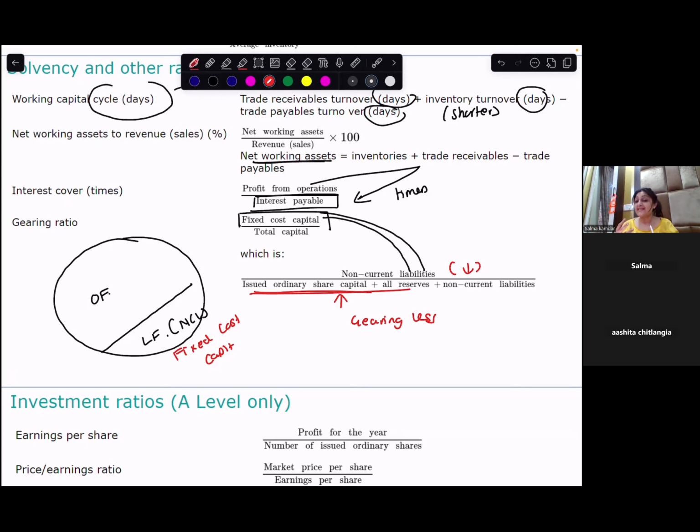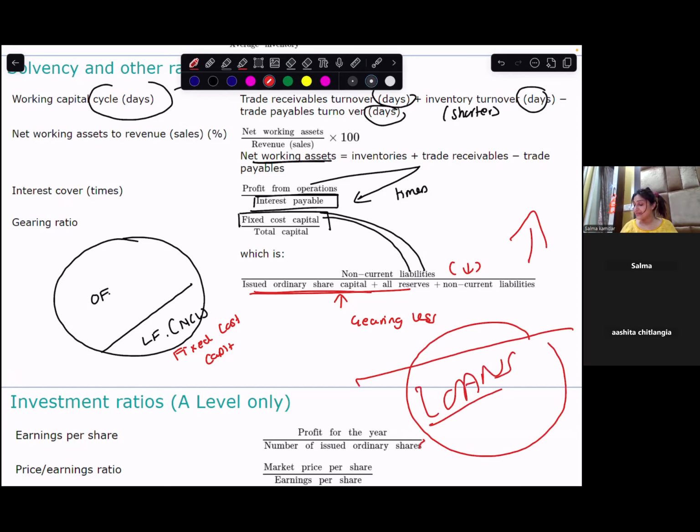So gearing tells you whether you are dependent on outsiders more or dependent on your own self more. If your numerator is less, if your loan is less, your gearing is less. But if your loan is more, that means your total capital is made up of more loans. What is the other name for loans? Non-current liability. What is the other name for it?